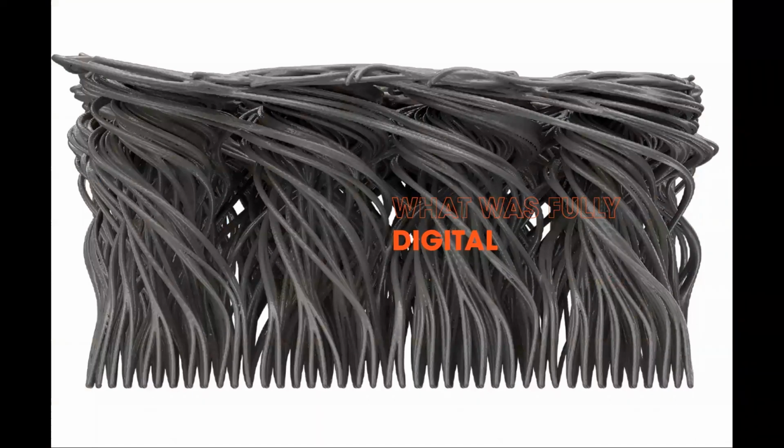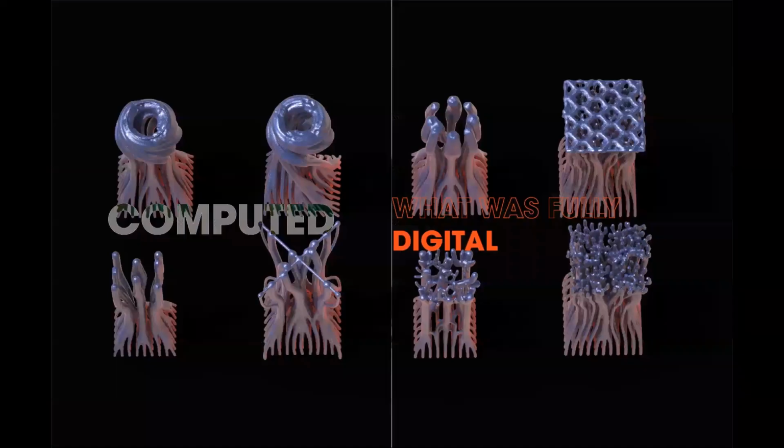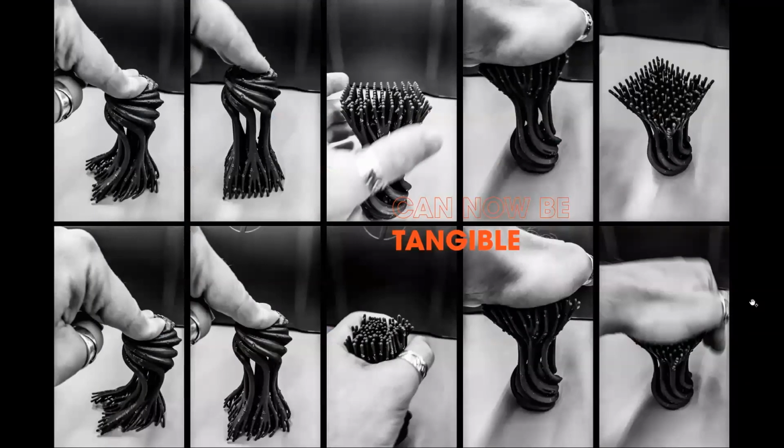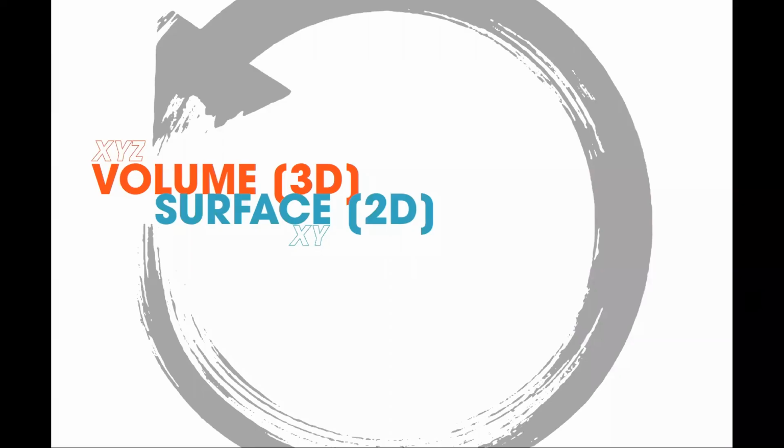What's happening again is that what was fully digital is becoming very tangible by using these tools and techniques, and printing. What we used to see online, crazy forms, you can just print them and see if they're doing something at all, or if they're not really that meaningful. So a big change in the last 10 years is that in parametric and computational design, we shifted from surface 2D modeling to a lot of volumetric modeling, right?